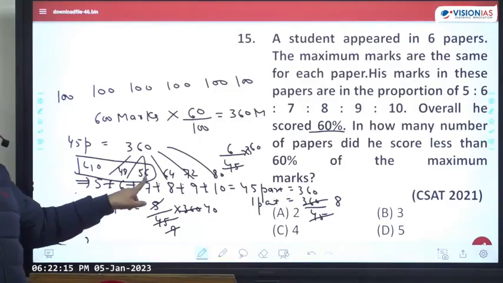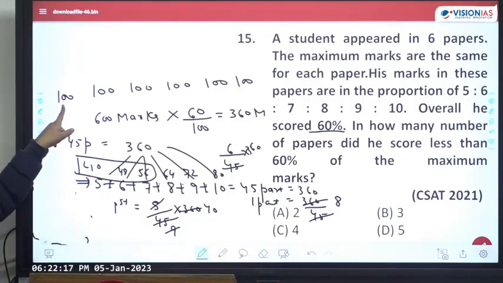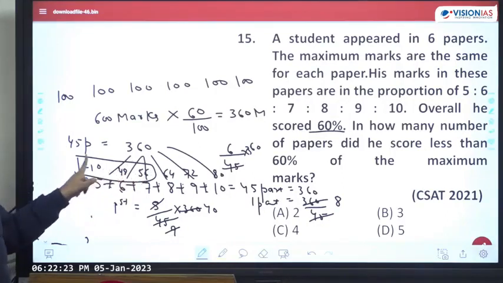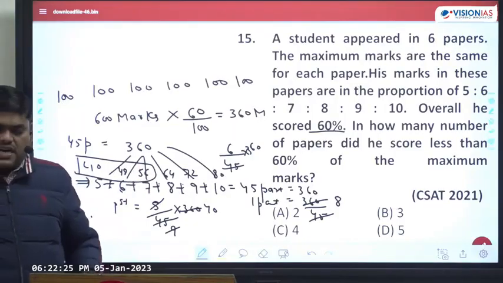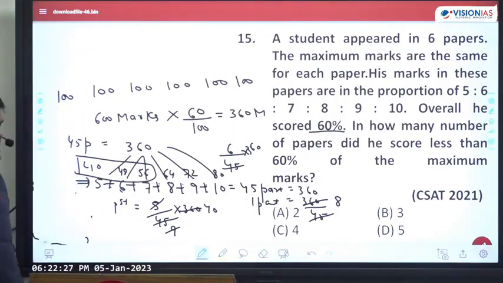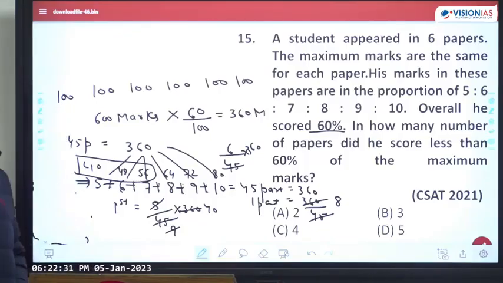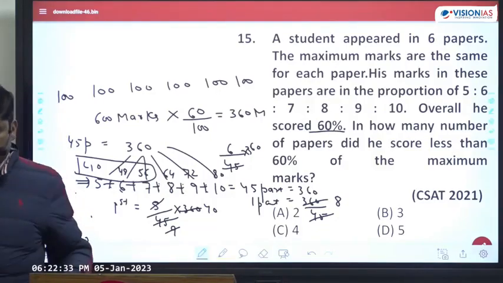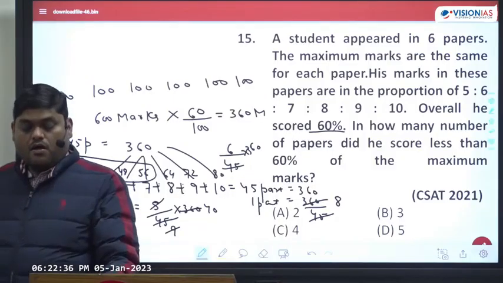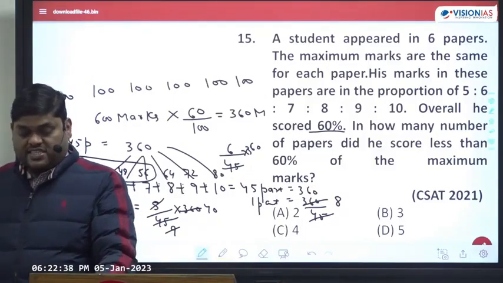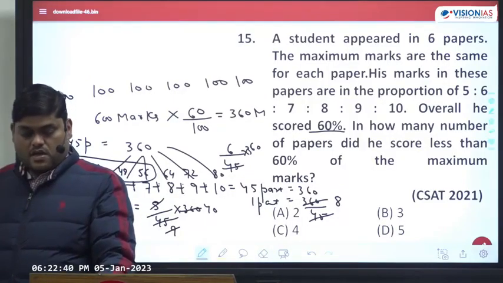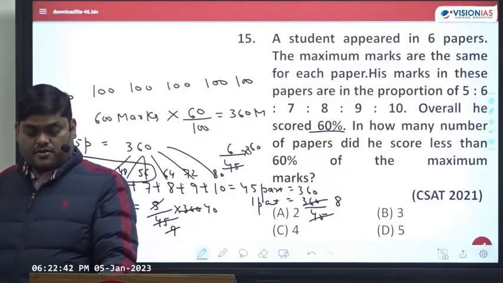So 3 papers are there, because maximum marks are 100 and 60% of this is 60. Less than 60 they are asking. That means 3 papers are there where he scored less than 60%. Is this making sense or not?